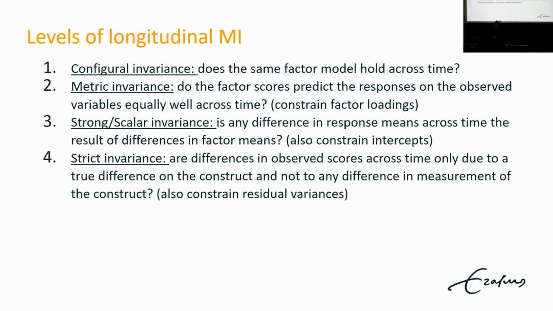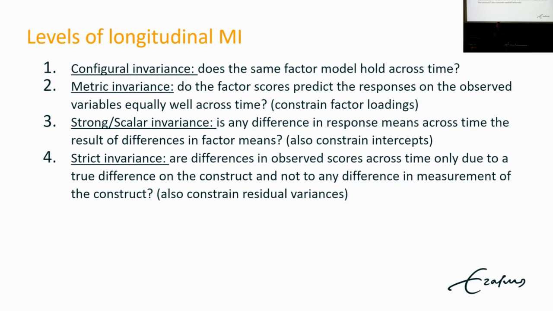So something that we didn't constrain yet in the strong invariance model, but what we are going to constrain in this step, is also the residual variances. So the amount of external influence, the amount of measurement error or other influences impacting the answers on this item should also be the same across time points. So this is an additional constraint. And if that holds, then we have full measurement invariance.